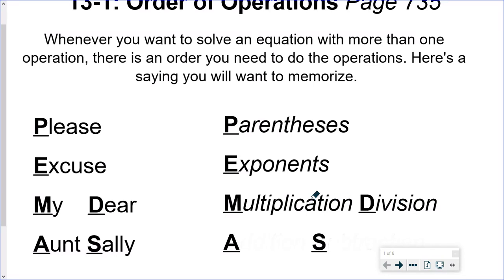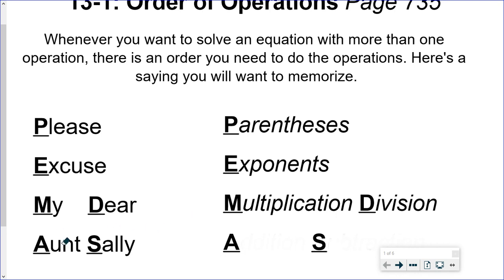If you ever have both multiplication and division at the same time, then you will always do whichever one comes first in the problem. So it is possible that you might actually do some division before you have to do some multiplication. It just depends on what order they come in. All right. So keep that in mind as we go through our lesson today. Multiplication and division, whichever one comes first.